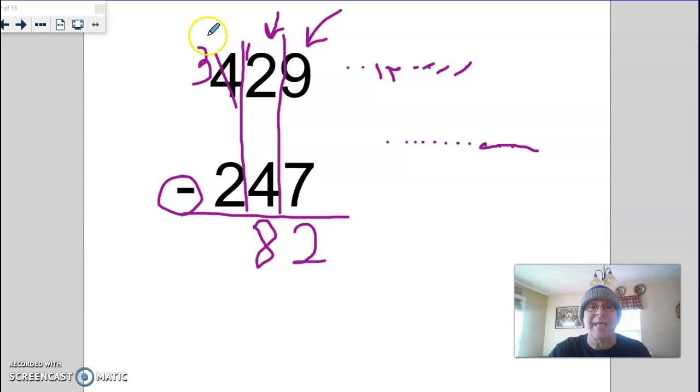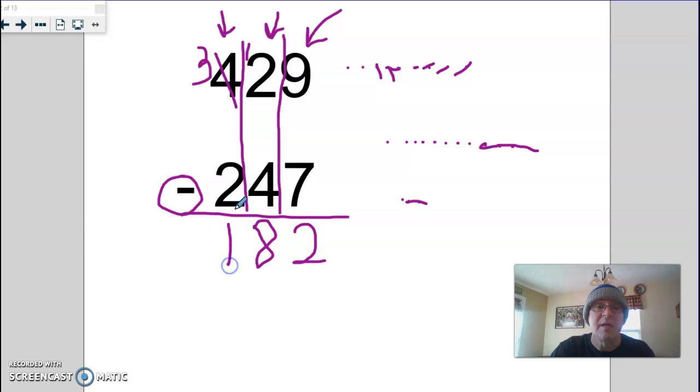We're going to go to the top of the hundreds. Now we don't have a 4 anymore. We've got a 3. We had to borrow to do our tens, right? So we've got a 3 over here. We've got 3 dots. And we're taking away 2. Can we do that? Yes, we can, because 3 is bigger than 2. We're going to take away 2. 1, 2. We've got 1 left.